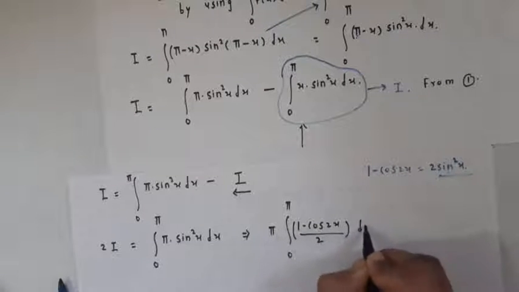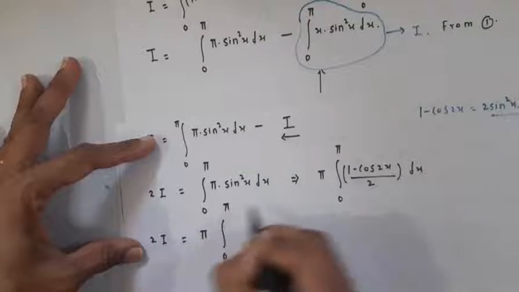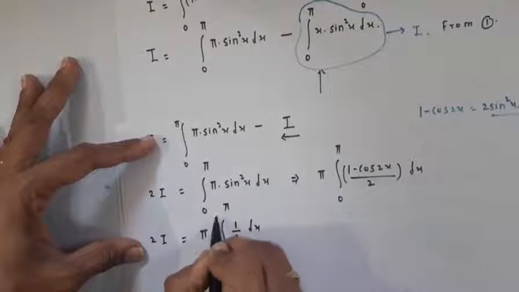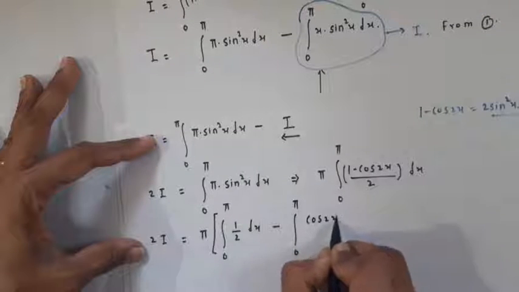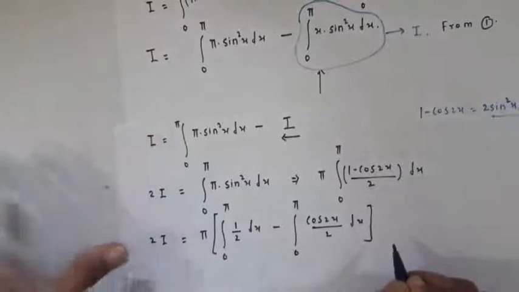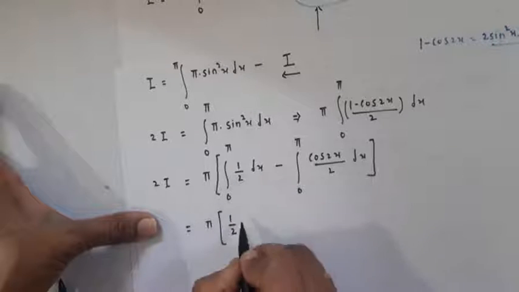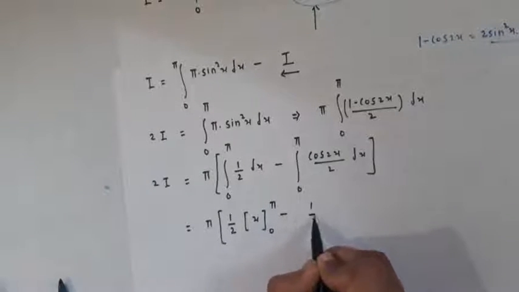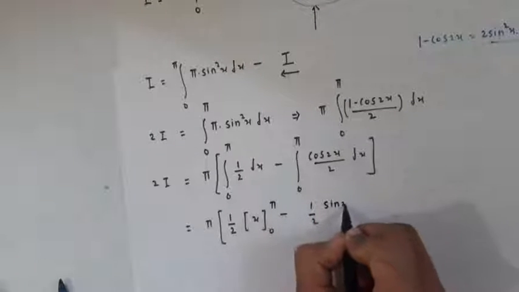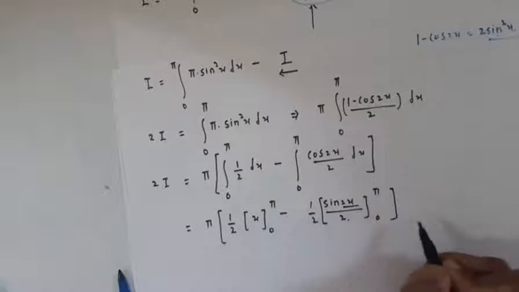Therefore 2I equals pi, as it is, integral from 0 to pi of 1 by 2 dx, minus the integral from 0 to pi of cos of 2x upon 2 dx. This equals pi into 1 by 2 as a constant; integration with respect to x is x, limits 0 to pi, minus 1 by 2 as a constant; integration of cos of 2x is sine of 2x, and as 2x is again a differentiable function, upon 2, limits 0 to pi.